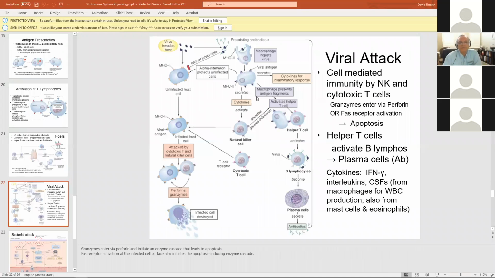Answer is natural killer cells and cytotoxic T cells attack any of the host cells, meaning the whole person, all of the cells in the body of a possibly infected person, attack those cells and then inject perforins and granzymes in them to destroy them.